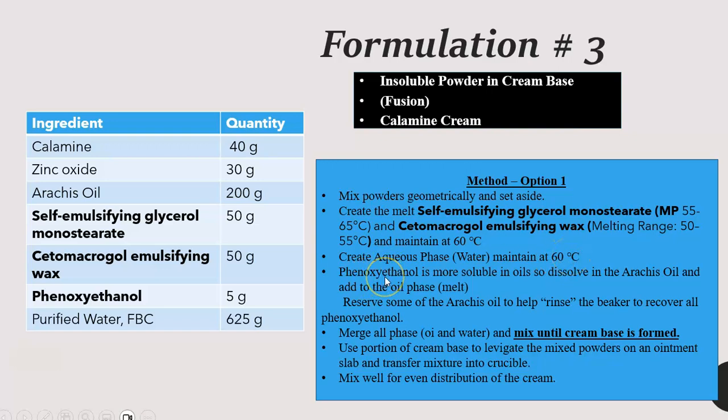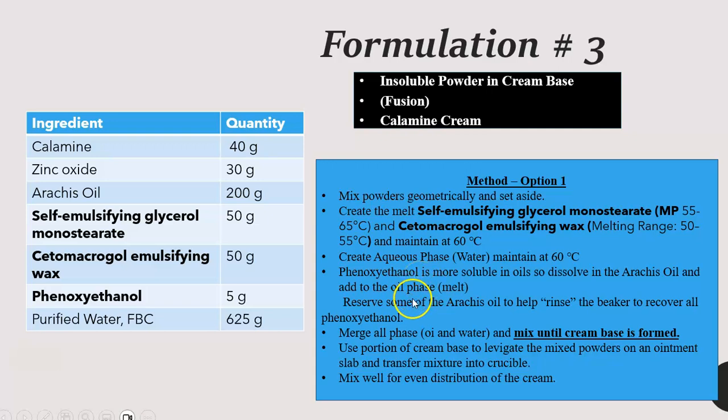The phenoxyethanol, on closer investigation, I typed it in ChatGPT, we're in the technology age, and it says more soluble in the oil phase. So a cute thing that we can actually do is use the arachis oil for the dissolving. So get a beaker, use the arachis oil to dissolve the phenoxyethanol, but take note it's 200 grams. You'll need the density to convert to liquid milliliters so you can easily measure it with a syringe.